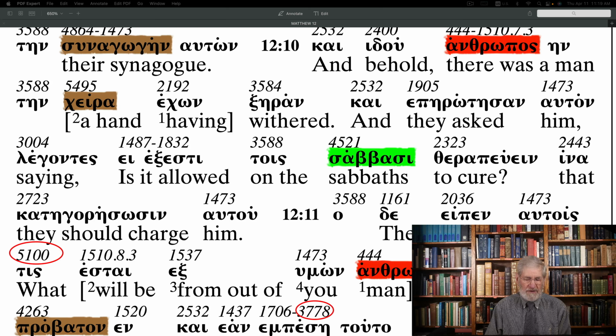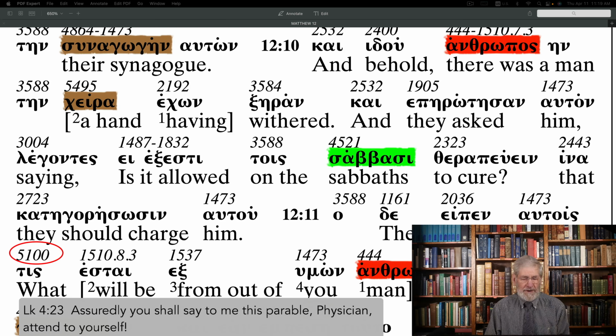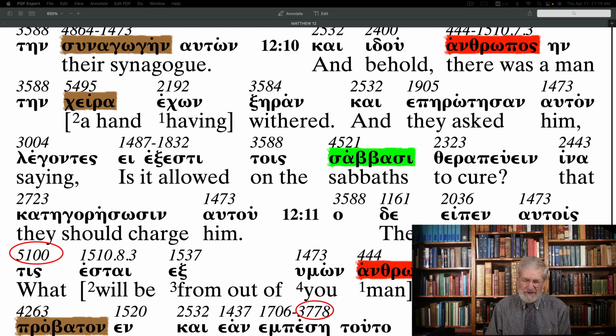But then in the New Testament, in Luke 4:23, it says, assuredly you shall say to me this parable, physician, attend to yourself. See, now even in the New Testament to say cure, it just doesn't sound right. Cure yourself? I don't think so.